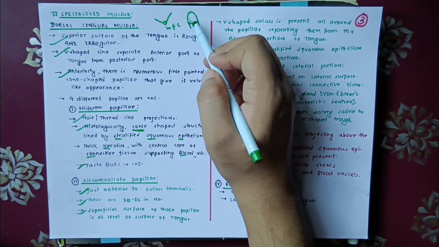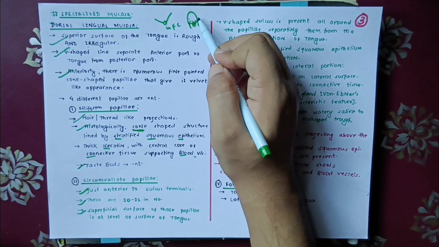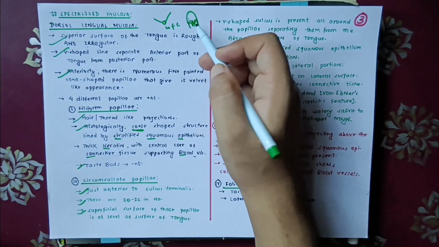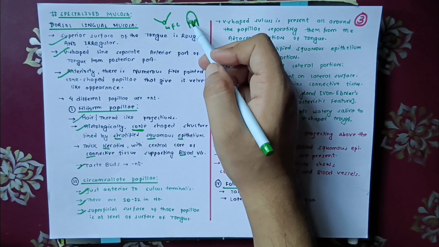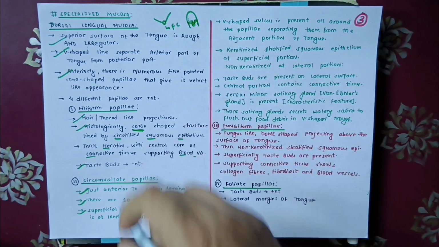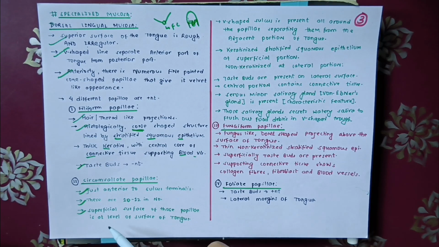In this portion we can see the circumvallate papillae just anterior to the sulcus terminalis, and at the central portion we can see the hole, which is called the foramen cecum.